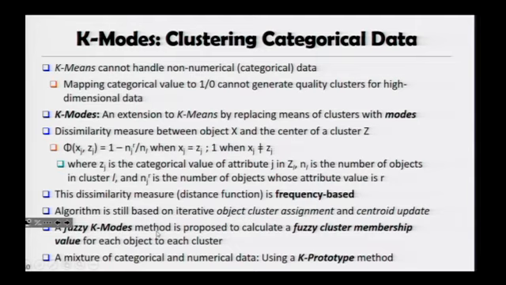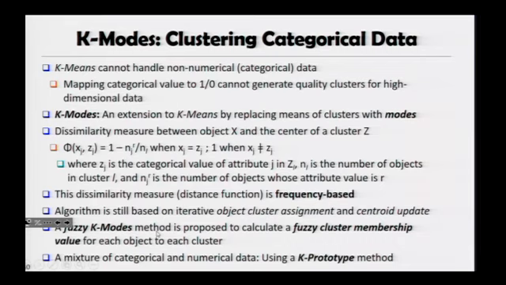If they don't have the same attribute value, then the dissimilarity measure gives the value 1, basically saying these two items are not similar to each other. And if the j-th attribute values of X and Z are the same, then the dissimilarity is defined as 1 minus N_jr over N_l.